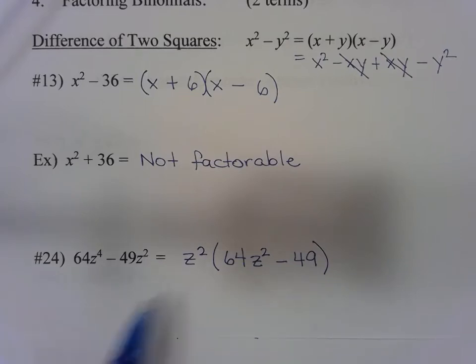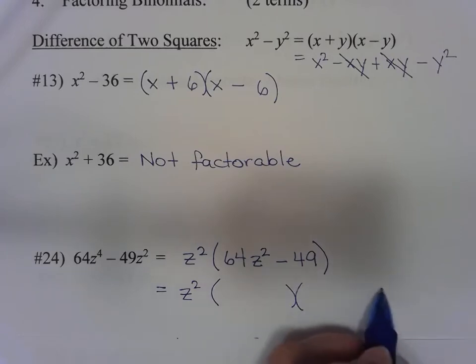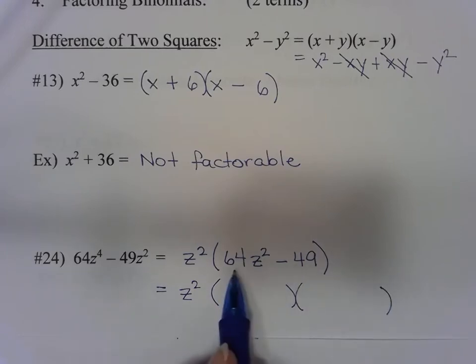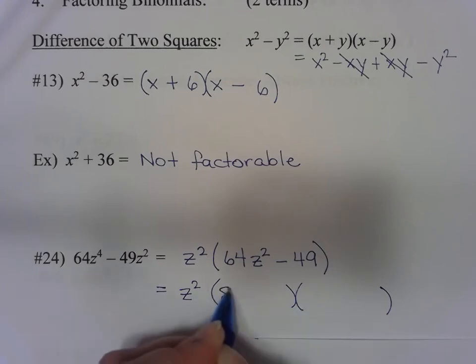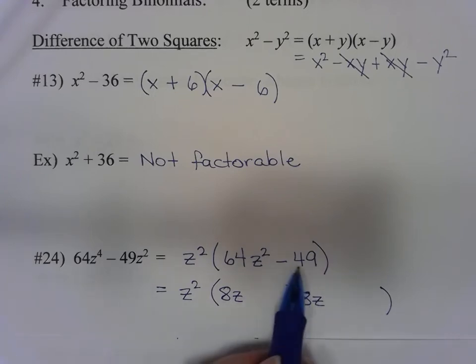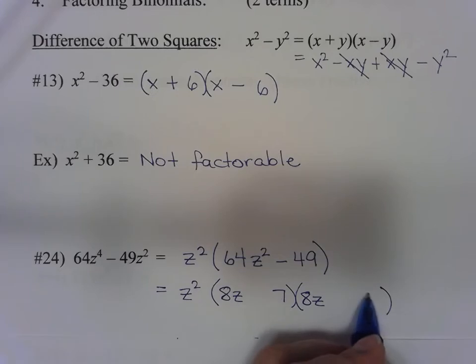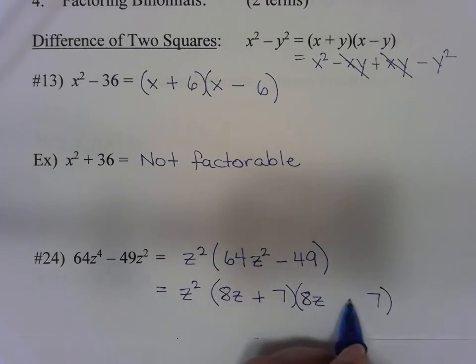You can do the factoring steps in either order, but it's a lot easier to spot usually at the beginning. Now I have two perfect squares, right? So what's going to go in the front? 8z and 8z. And what's going to go in the back? 49 is 7 times 7. No middle term, so one with a plus, one with a minus.